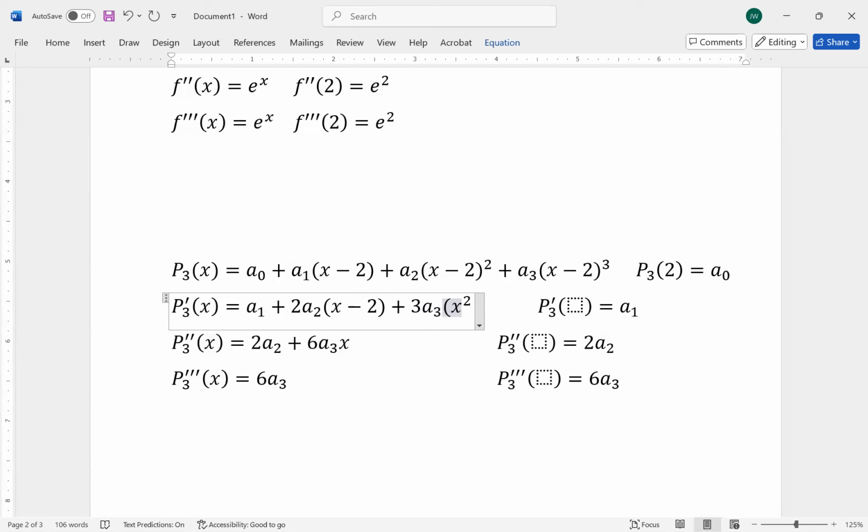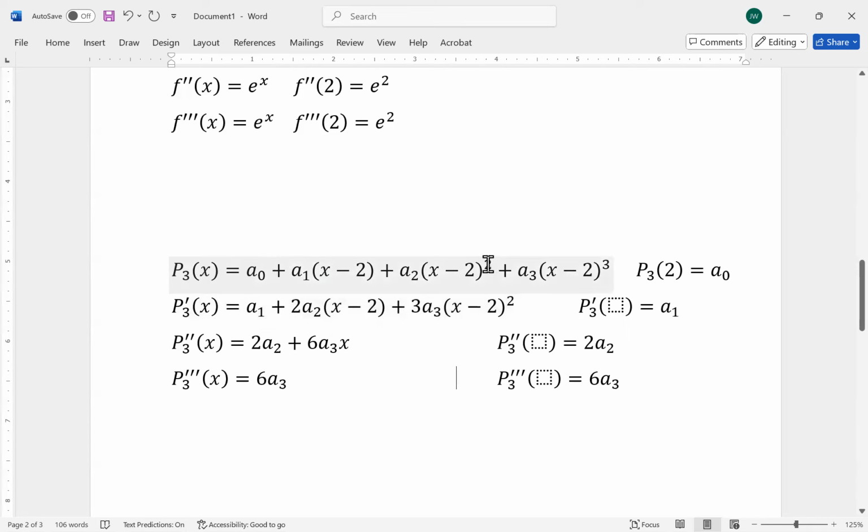Essentially, everywhere I already had an x just becomes an x minus 2, because when I take the derivative of x minus 2, 1 would come out front. 1 times a1 is a1. And then x minus 2 is raised to the 0th power. Since the inside function has derivative 1, when I multiply times the derivative of the inside function, it doesn't change anything.